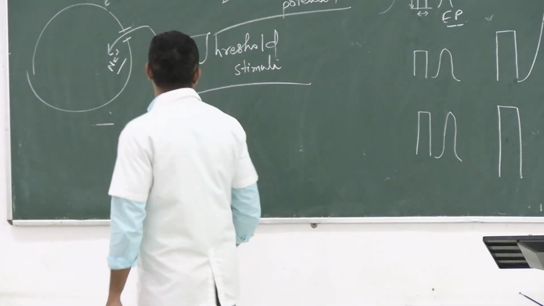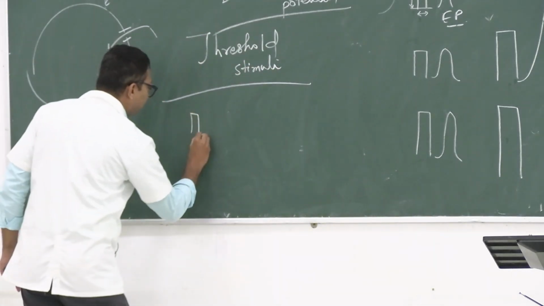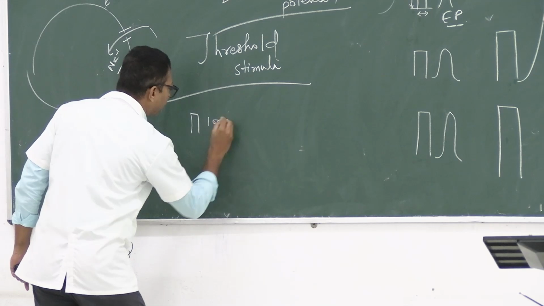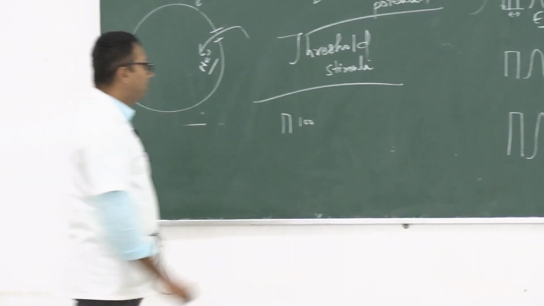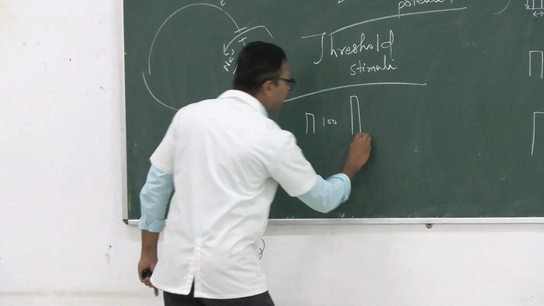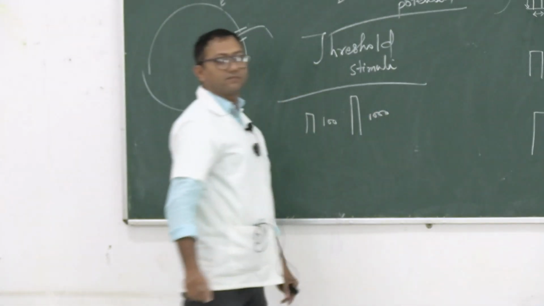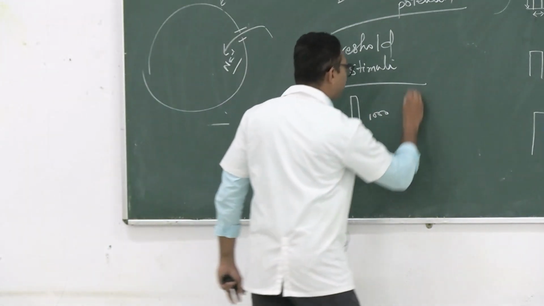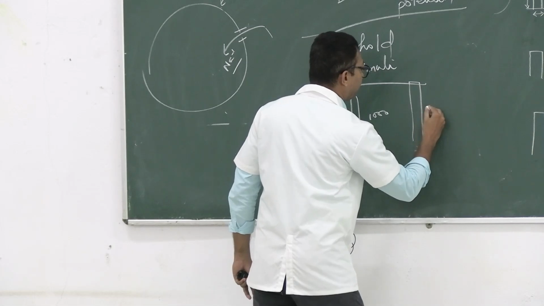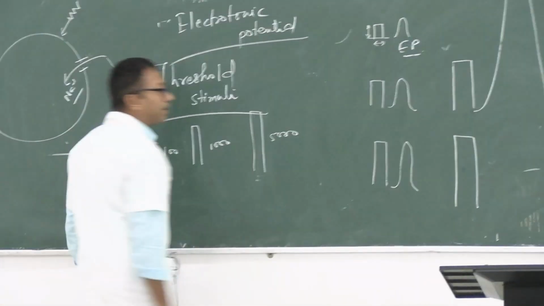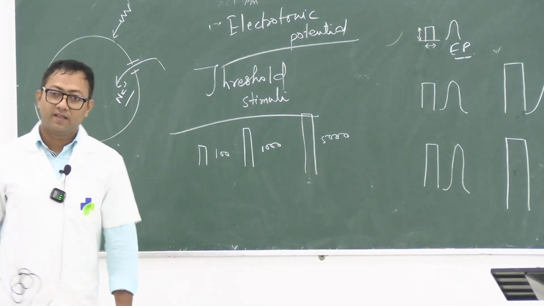So you apply stimulus, 100 sodium channels will open, right? You increase the amount of stimulus, say 1000 sodium channels will open. You again increase the stimulus, say for example 50,000 sodium channels are open, right?